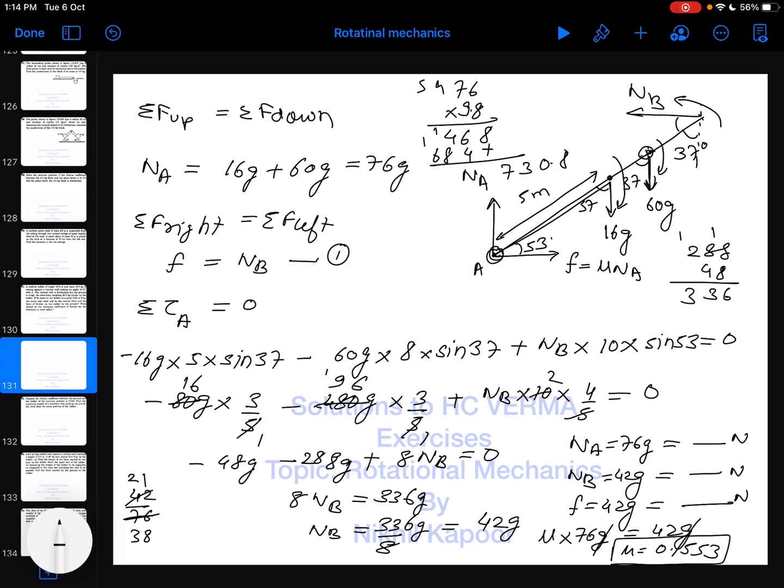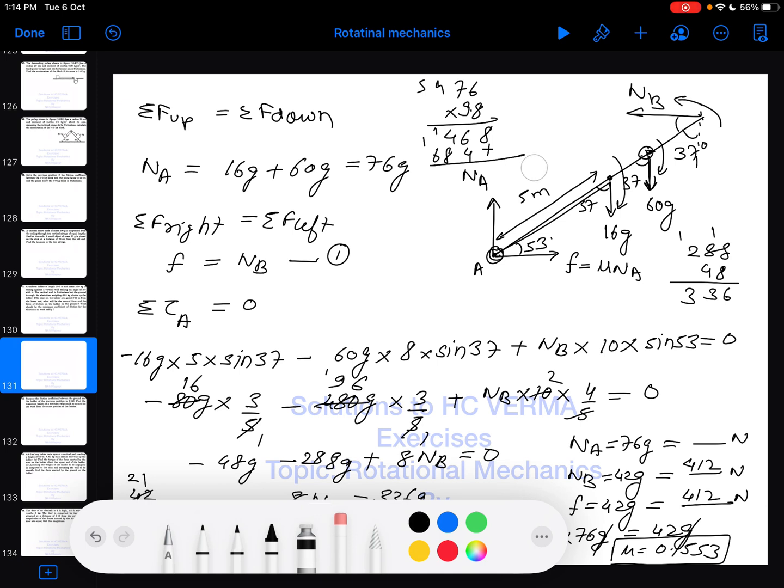Okay, so the answer nearly comes out to be 412 Newton, and this is 76 multiplied by this. How much is the result?